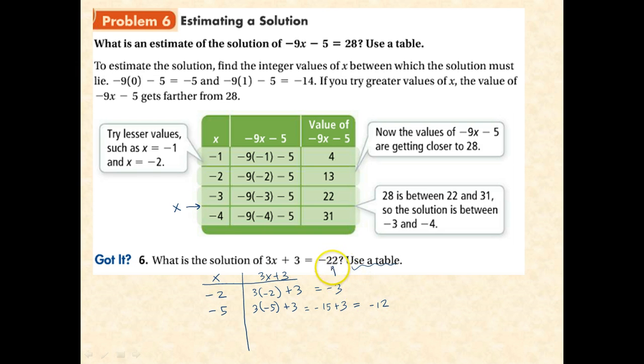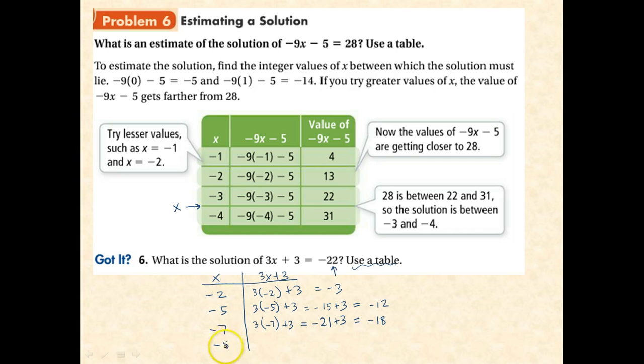Alright, we're getting a little closer. How about negative 7? 3 times negative 7 plus 3. That's negative 21 plus 3, which is negative 18. Getting closer.